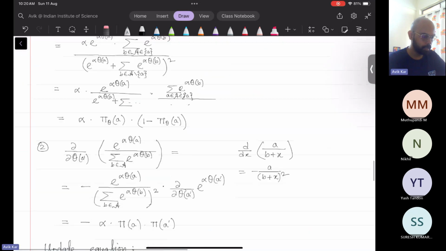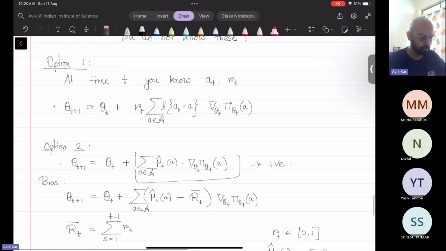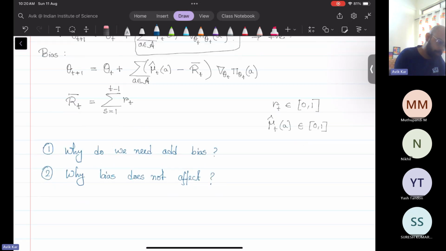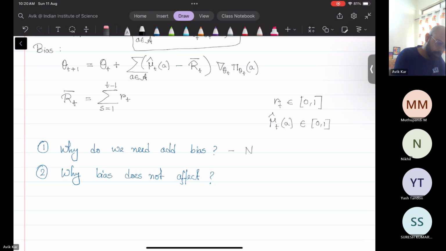But if you do not add a baseline, theta t will blow up to infinity. That's the main reason we add a baseline. So I'm just writing here: numerical stability of the parameter iterates.